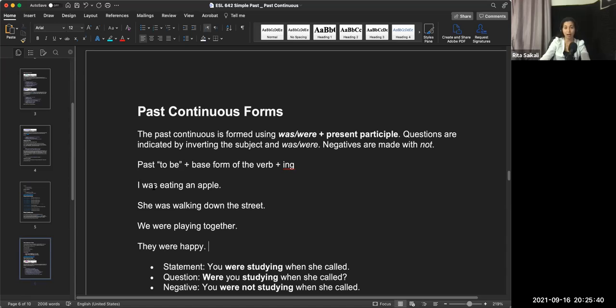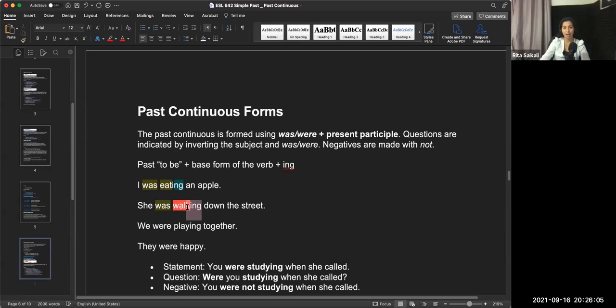Okay. So here we have the past tense of to be plus the base form of the verb to eat plus ing ending. Okay. Then we have, again, she was, the past tense of to be. Walk is the base form of to walk.